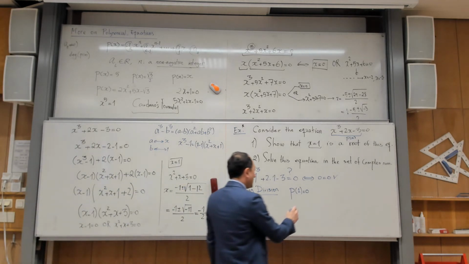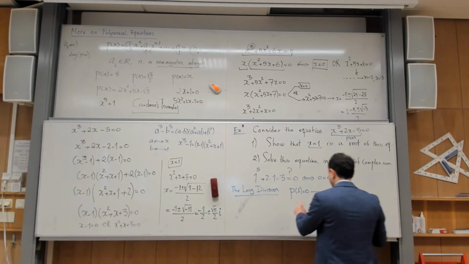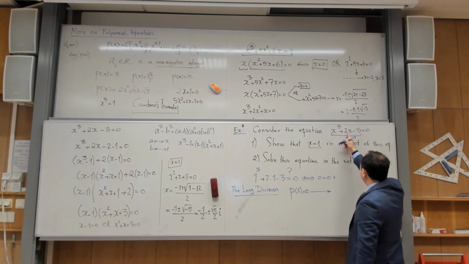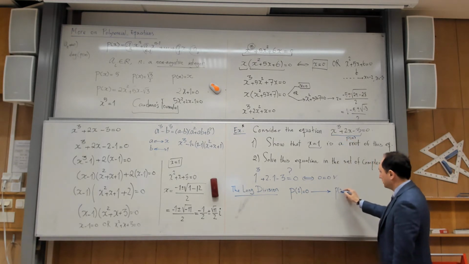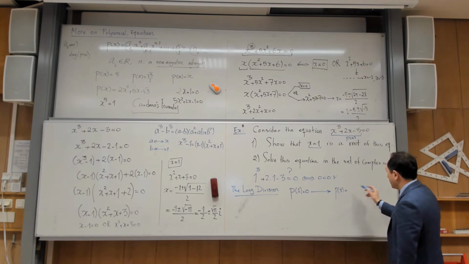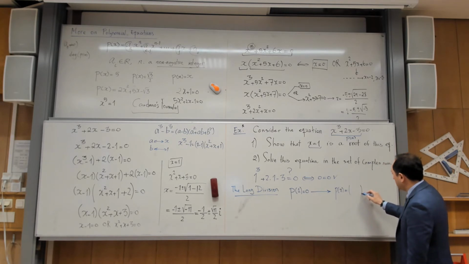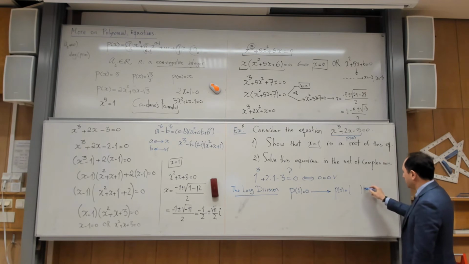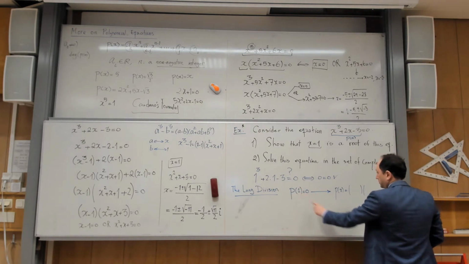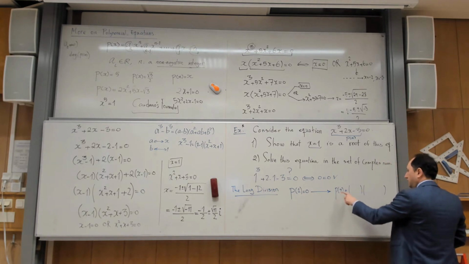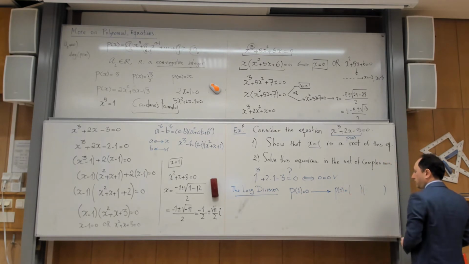This means that this polynomial p of x is factorizable. That is for sure. And we also know that this polynomial should be something times something. When you say that x equals 1 is a root, it means definitely your polynomial is factorizable.